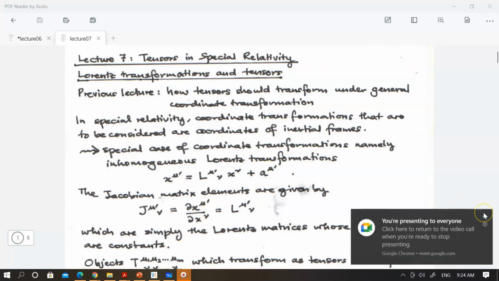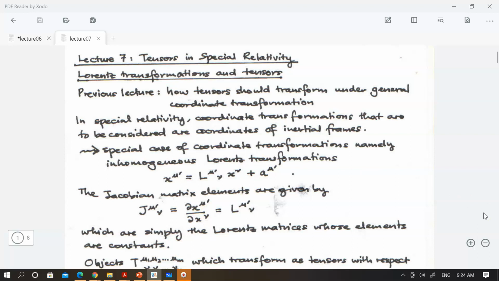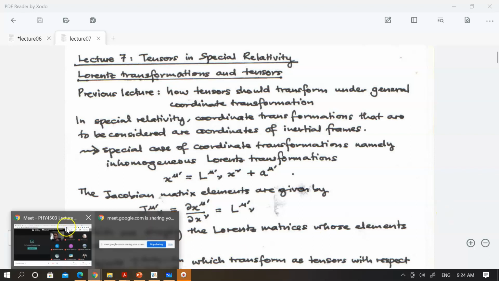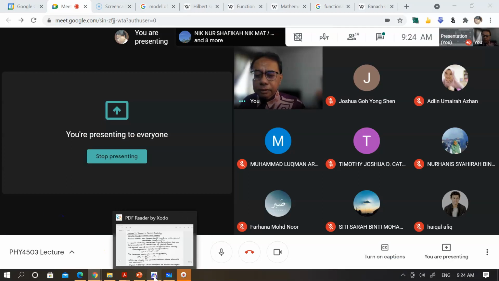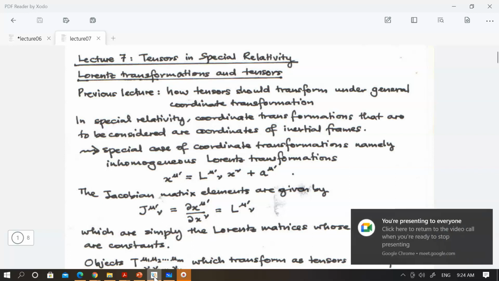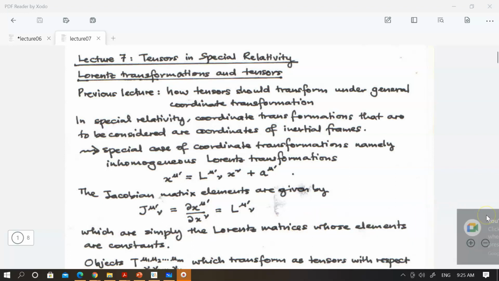Now we specialize to the case of tensors in special relativity. What we need to remember from the previous lecture is that we talked about how tensors behave under general coordinate transformation.